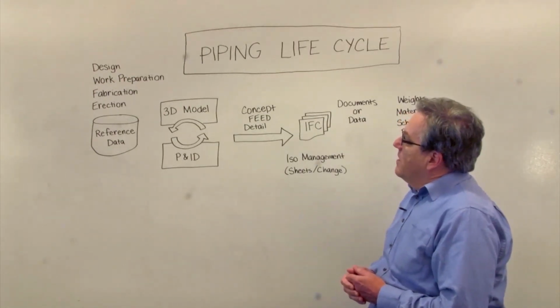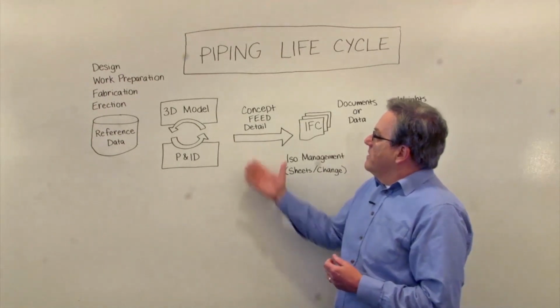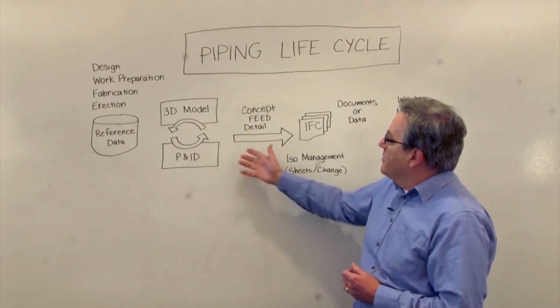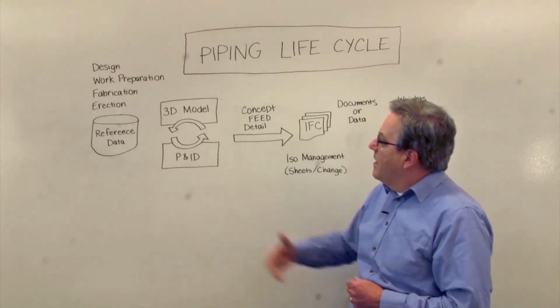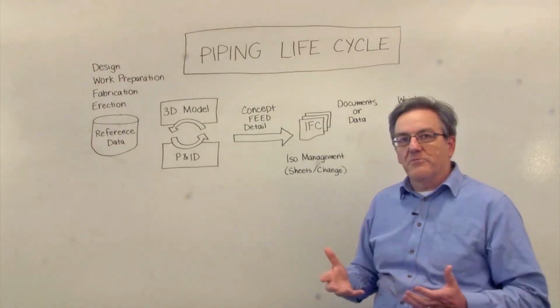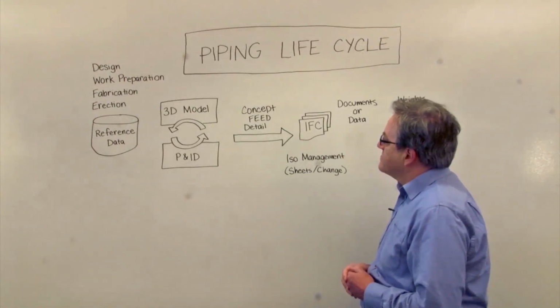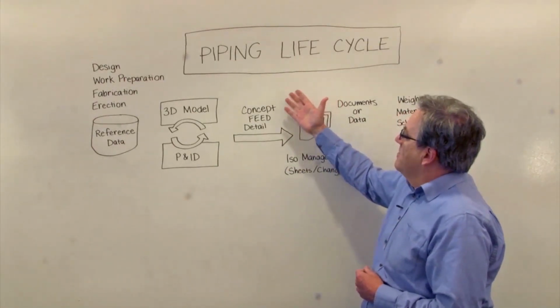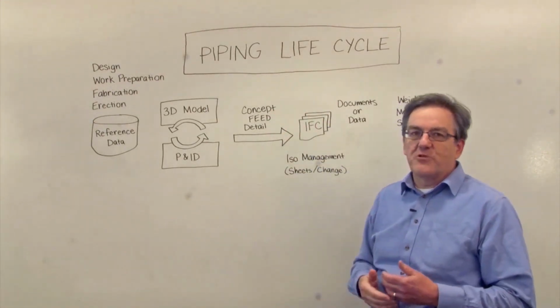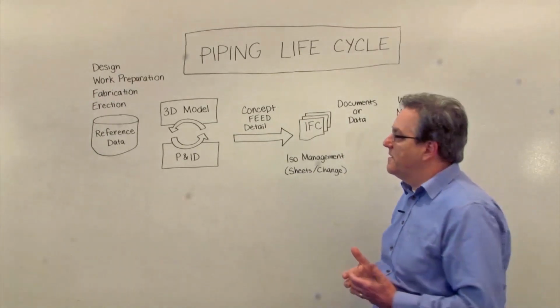Now, when we start piping design, we need a number of things. We're going to build a 3D model, we need a piping and instrumentation diagram, and we need some reference data that contains piping specs and other piping material. And as you know, we can go through a number of stages, perhaps where we're defining the concept that we're designing.